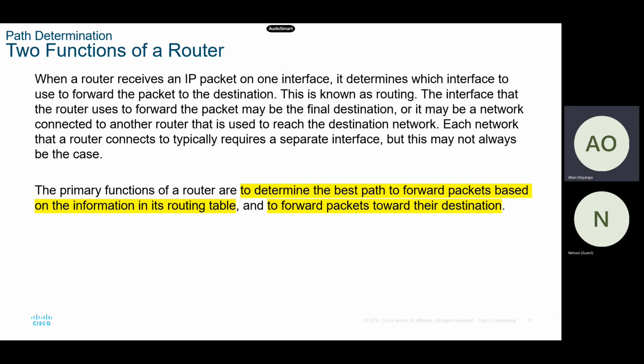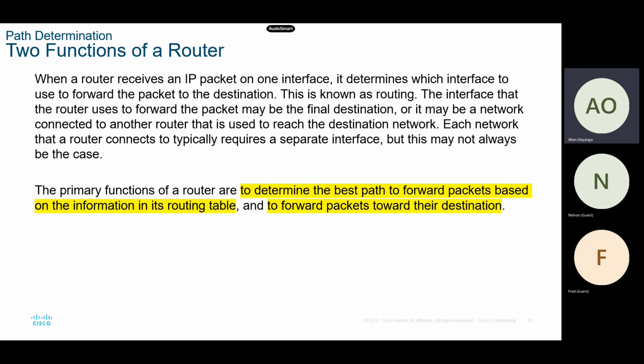And it is important to note at this point that every router interface is connected to a different network, or to a separate network. Every router interface is always connected to a separate network. And so that is why routers are very special devices, because it is the only device that can connect your network to another network, okay?